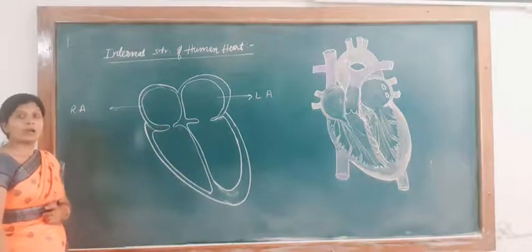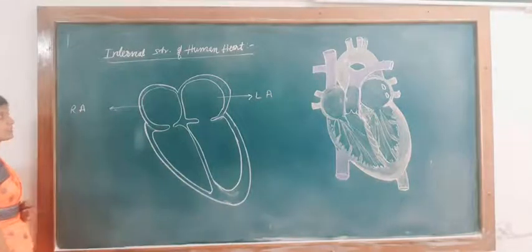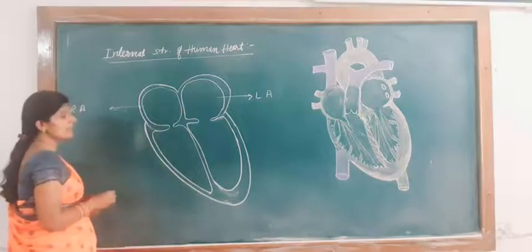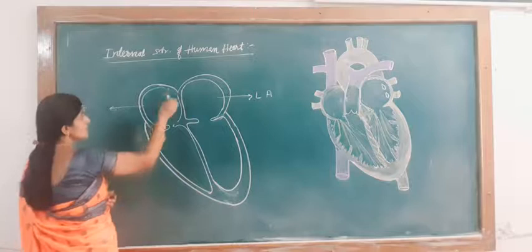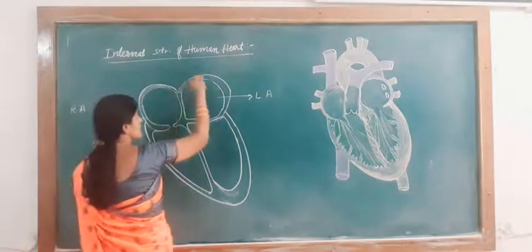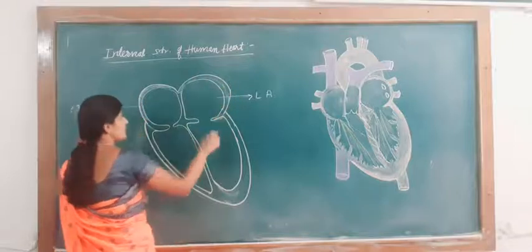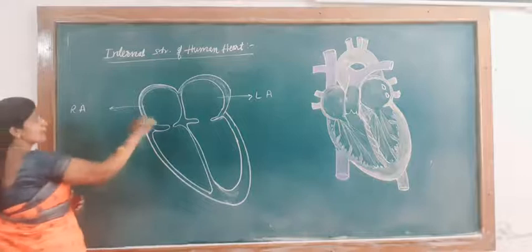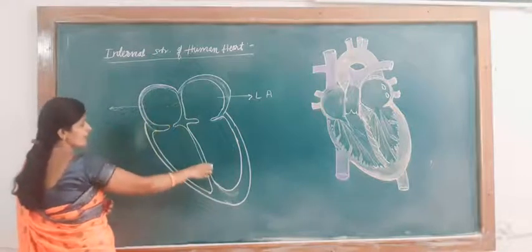When we are studying the internal structure of the heart, we find the upper 2 chambers are thin walled. The wall of these chambers is very thin, and they are present superiorly. Upper 2, superior 2 chambers, inferior 2 chambers.